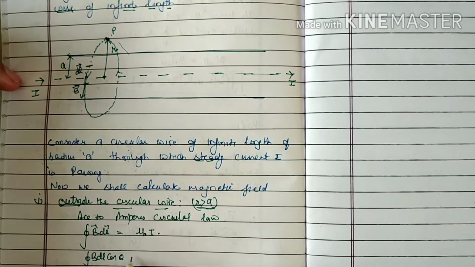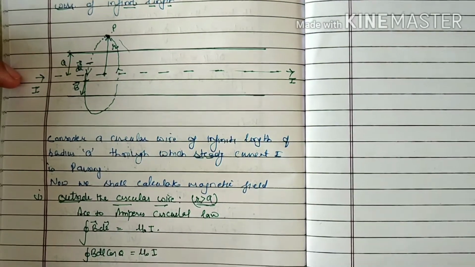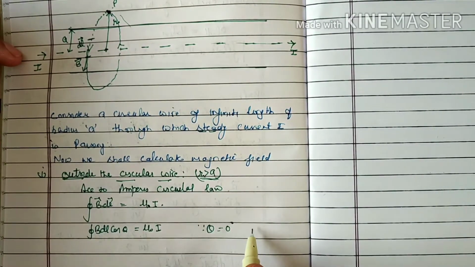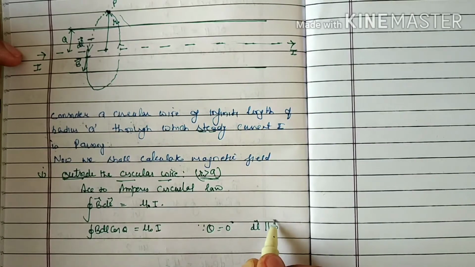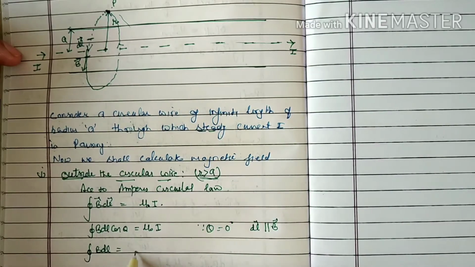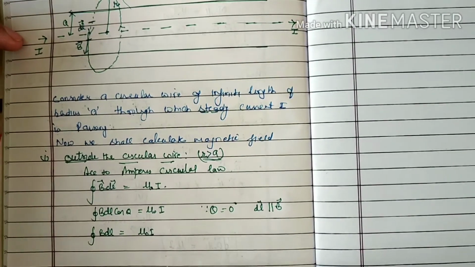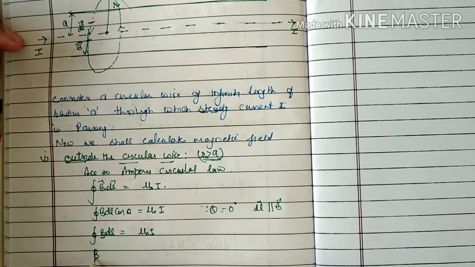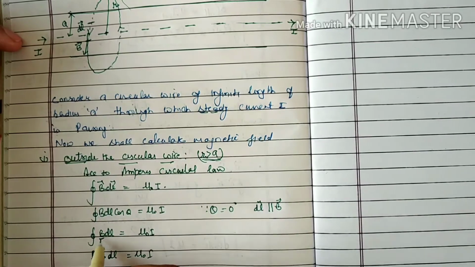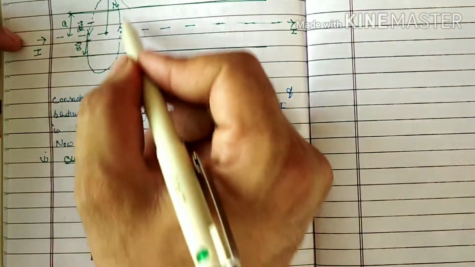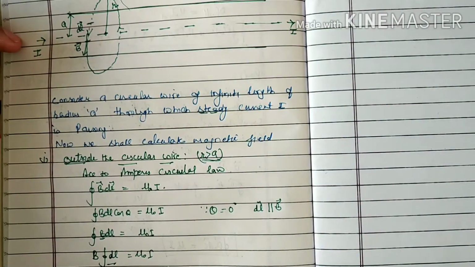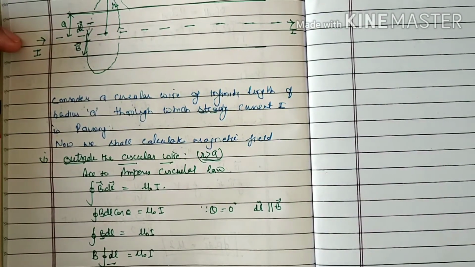Because theta is 0 degrees, as the dl element is parallel to the magnetic field, we are left with ∮B dl equal to mu naught I. We take B outside, so B ∮dl is equal to mu naught I, and this magnetic field is constant throughout the Amperian loop. So B times dl integral, that is the circumference of this Amperian loop of radius r.